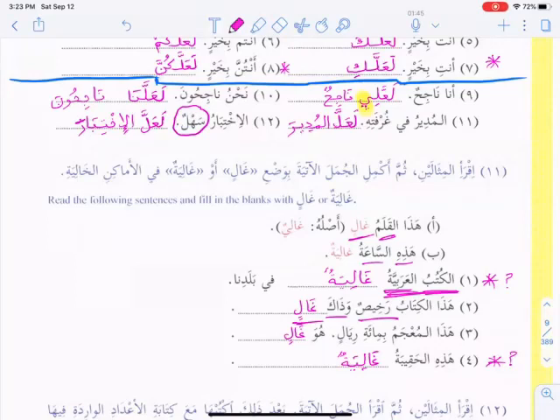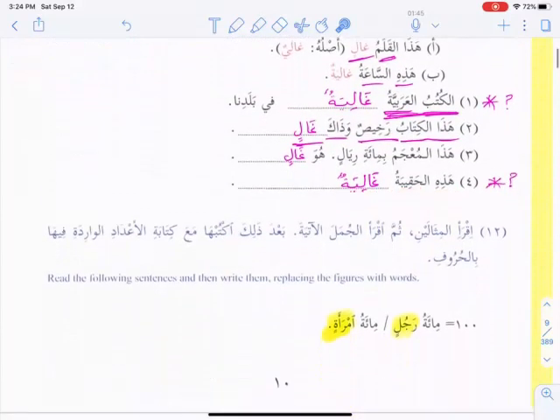Because we are talking about watches, but here we are talking about kitabun. So you will say, هذا الكتاب رخيص وذاك غال. Alhamdulillah. هذا المعجم ب100 ريال. هو غال. This is an extensive dictionary. Now here comes هذه الحقيبة, handbag. So then you say غالية. Remember that. It will give you a little practice.